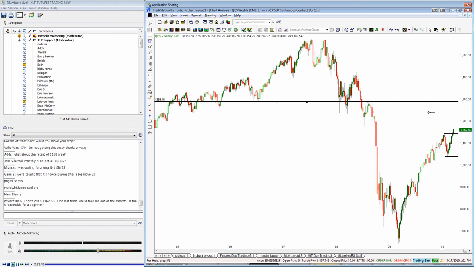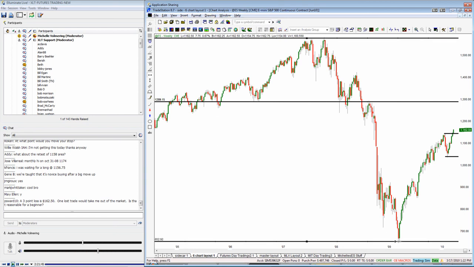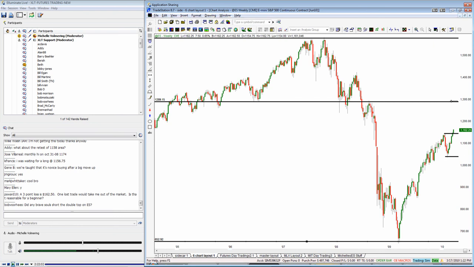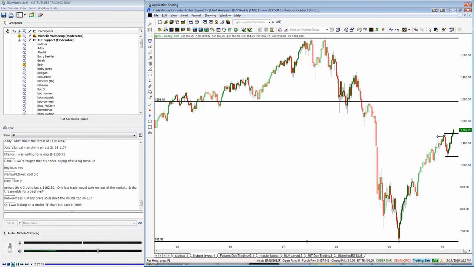Okay? We're also taught that in the bigger picture of the scheme of things, from the high to the low, if this swing point breaks out and continues its upward movement, and I only even have one contract, I can make the difference between this extreme high all the way back up to 1,300.